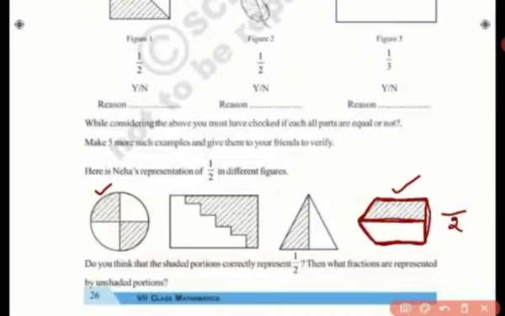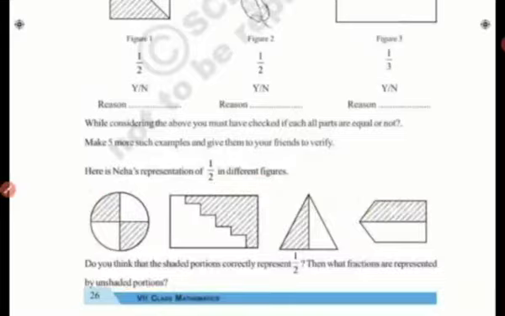And they're asking us what about the unshaded portion. If I take unshaded portion, how many unshaded portions are there in these two? You have 1, so it is again 1 by 2. All right, so just think about these three diagrams. Okay, do you think these pictures, different figures, represented as 1 by 2, is it correct or not? All right.